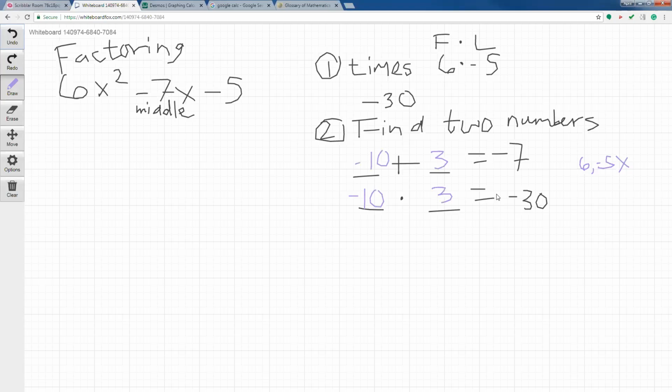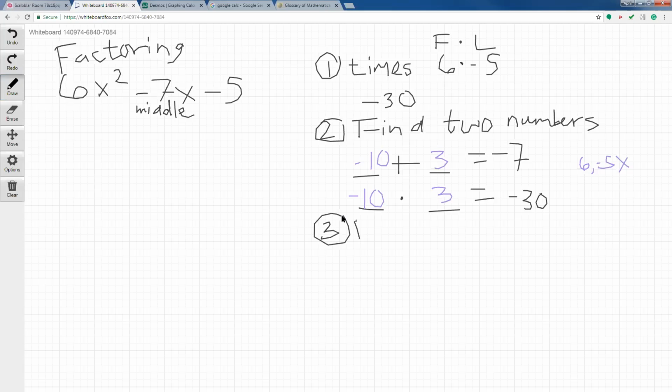So that was the same as the last process. Next, it's going to be very, very different. Like I said, when there's a number in front, the 6 in front of the x squared, or any number in front of the x squared, makes this process different.